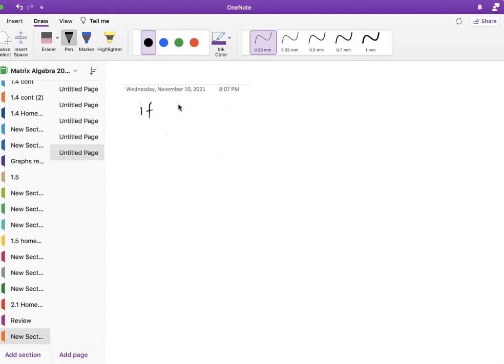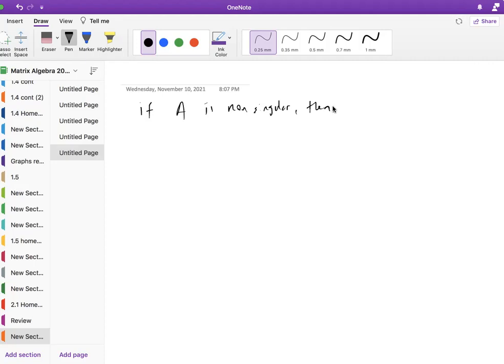We use them to find inverses. What else? If A is non-singular, then what do you know about A? As an inverse, yeah. What's another?